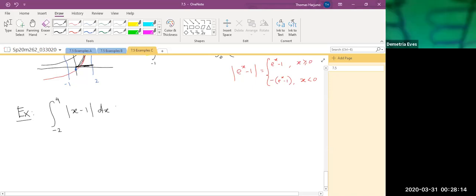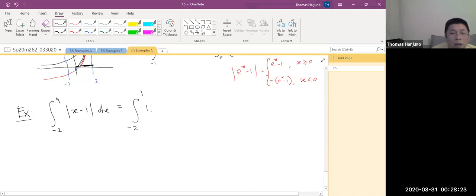Now, integral from negative 2 to 1 of absolute x minus 1 dx plus integral from 1 to 4 of absolute x minus 1 dx.